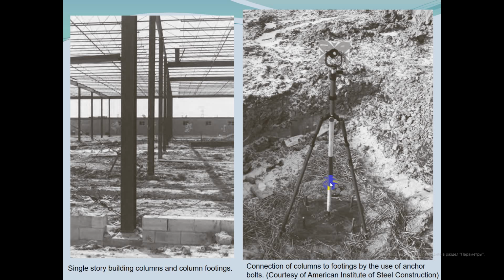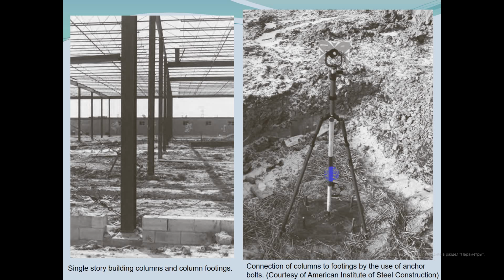The tolerance is usually set at 1/8 inch, or 3 to 4 millimeters, for each set of column bolts, with the overall tolerance for the length of the building set at 1/4 inch. This is 6 millimeters.